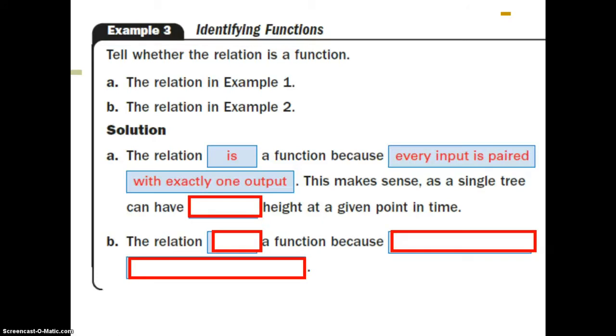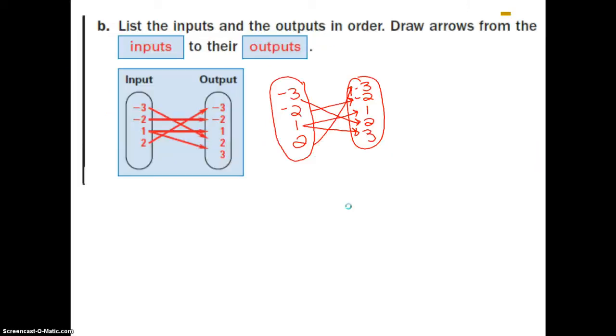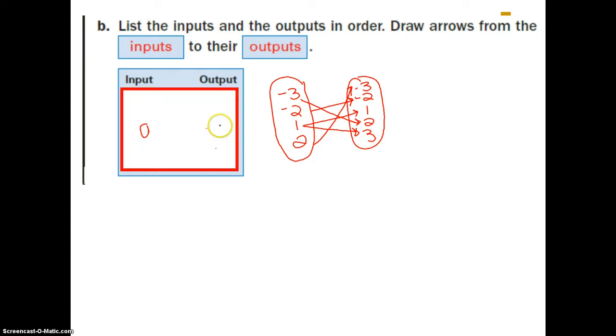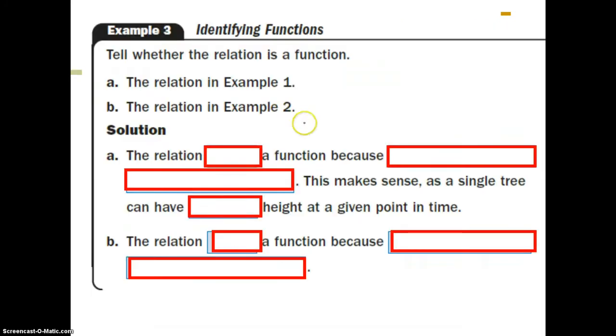This makes sense as a single tree can have only one height at a given time. In example 2, though, this is not going to be a function. This input 1, and you can see on the map, goes to 2 outputs.